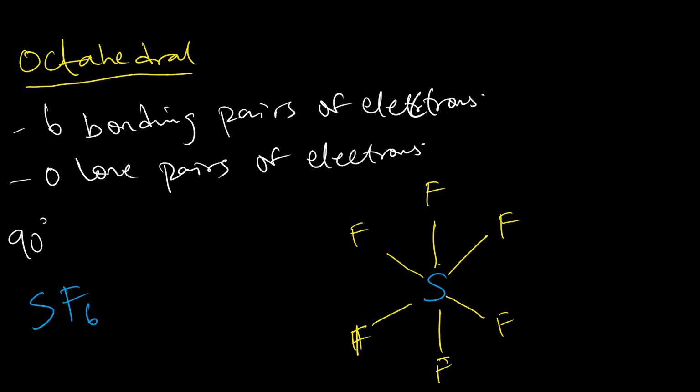I'm sure you'll be wondering why is it called octahedral when it is actually bonded with 6 atoms. Now the thing is this, if you draw the molecule in a 3D form, it's going to have 8 sides. Okay, that's the reason why it is called octahedral.